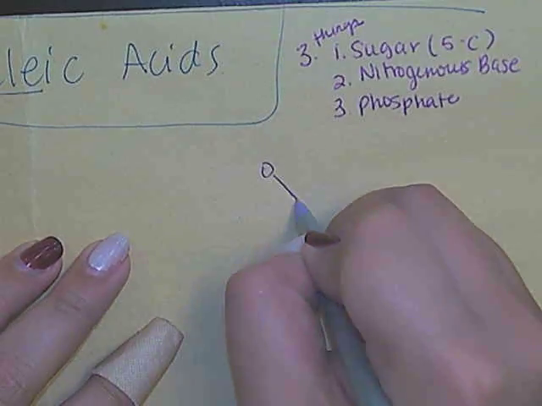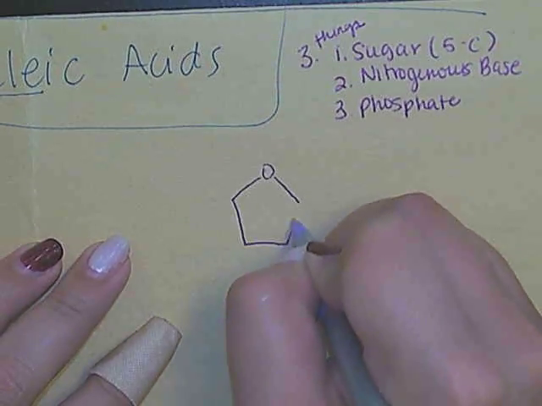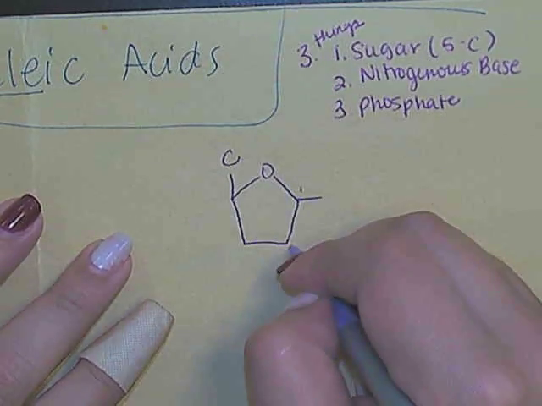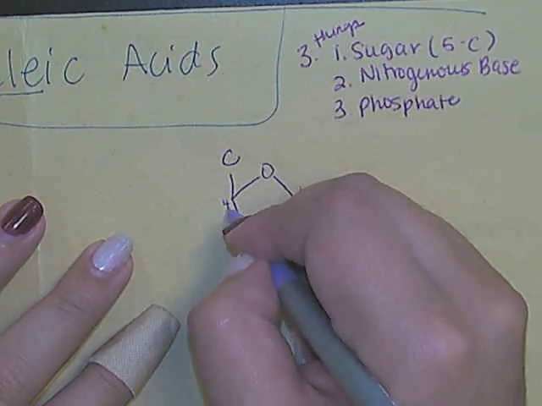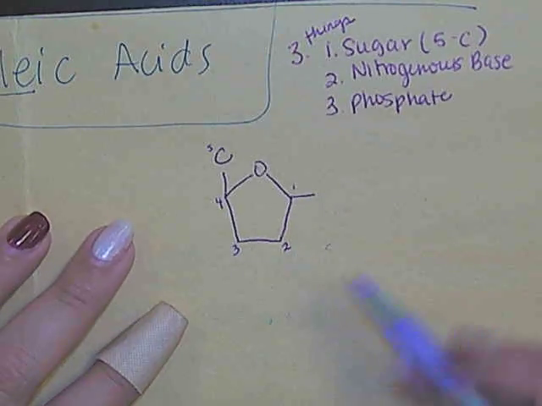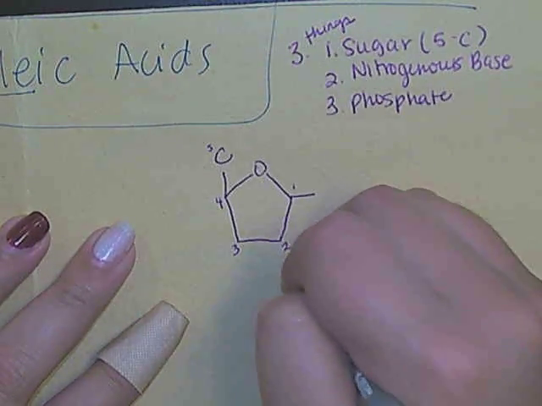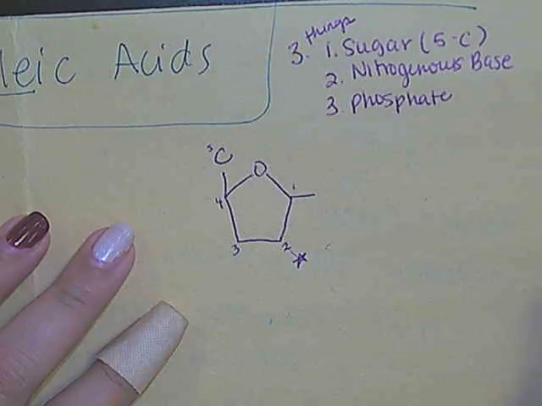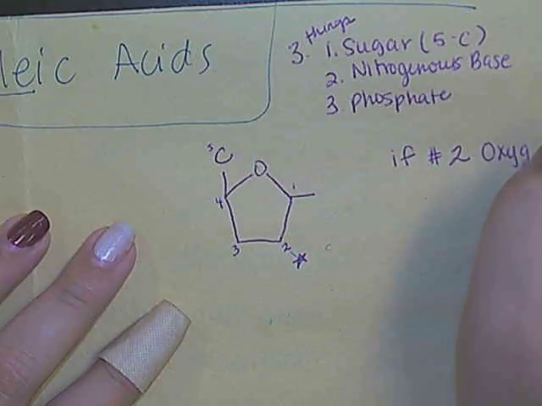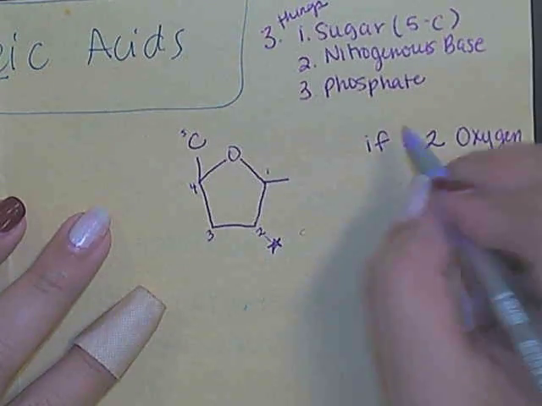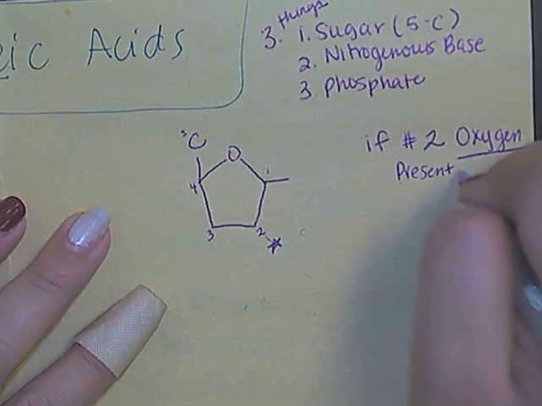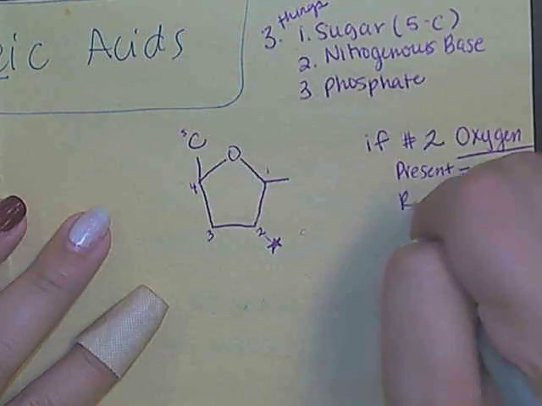So our 5-carbon sugar is a pentose. That's carbon number 1, carbon number 2, carbon number 3, number 4, and number 5. So there is our 5-carbon sugar. I'm going to put a little star here at carbon number 2. If at carbon number 2 oxygen is present, if we draw in a little oxygen right here, then the name of this sugar is called ribose.